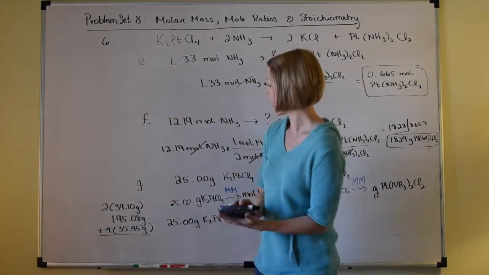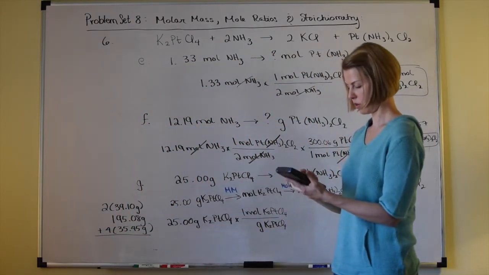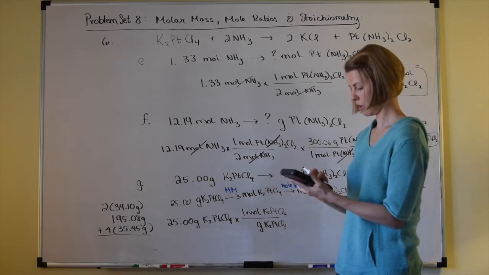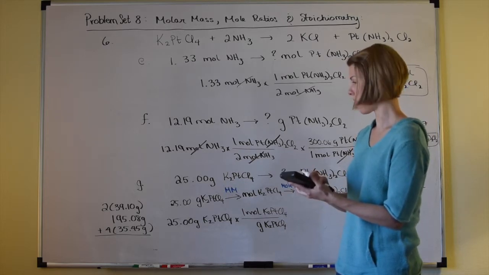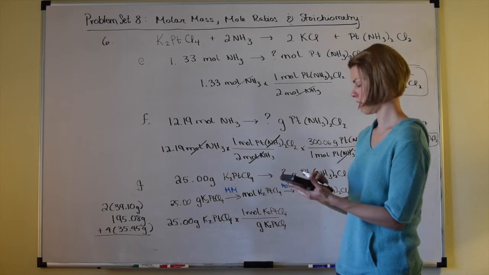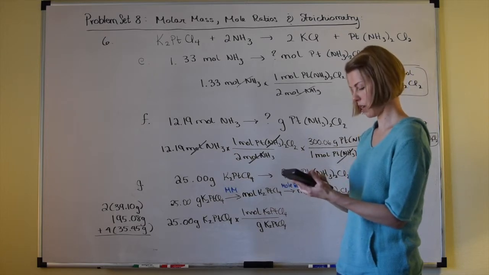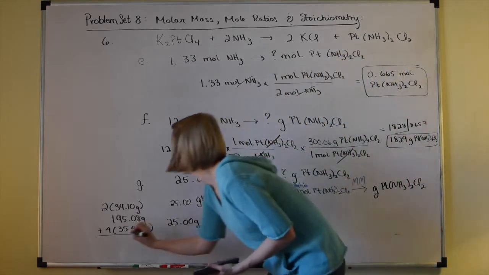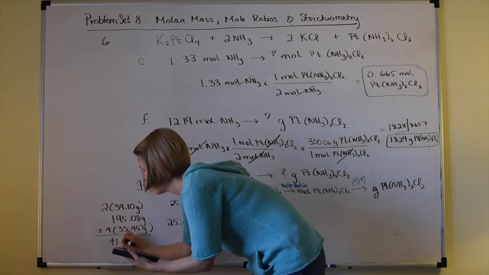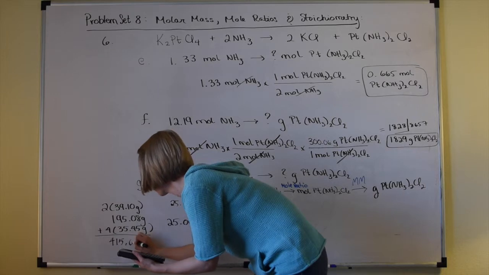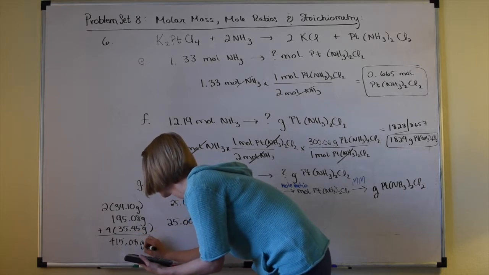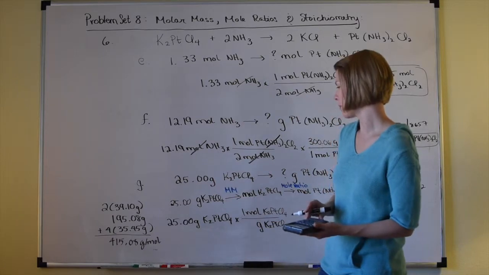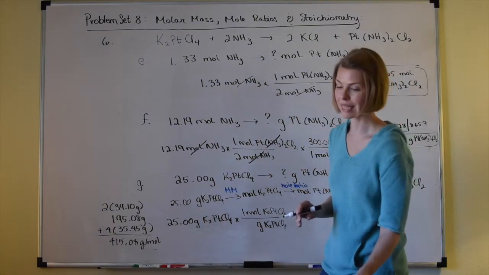All right, add all that up. 2 times the 39.10. Add in the 195.08. And add in your 4 times 35.45. Okay. 415.08. Right, that's the molar mass of the potassium tetrachloroplatinate.